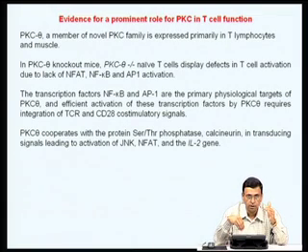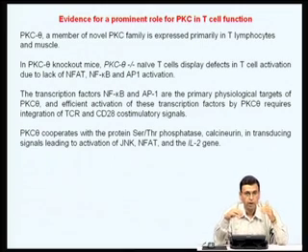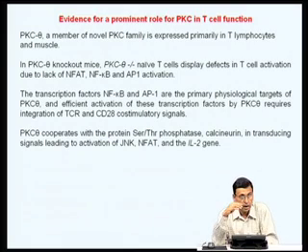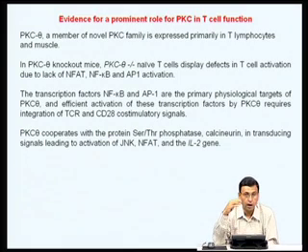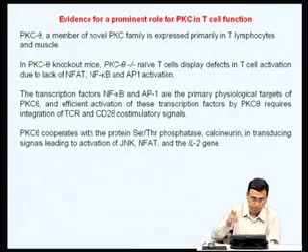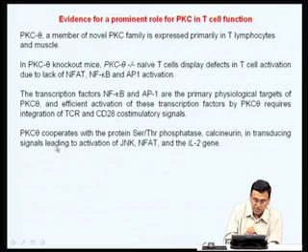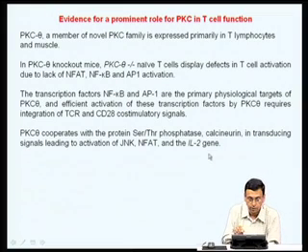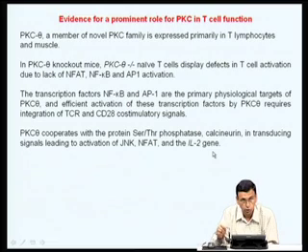This is interleukin 2 expression, and for interleukin 2 expression you require transcription factors like NF-kappa B, AP1 and NF-AT, and at least 2 of these transcription factors are activated by the PKC pathway. And PKC theta cooperates with the protein serine/threonine phosphatase calcineurin in transducing signals leading to the activation of JNK, NF-AT as well as the IL-2 gene.